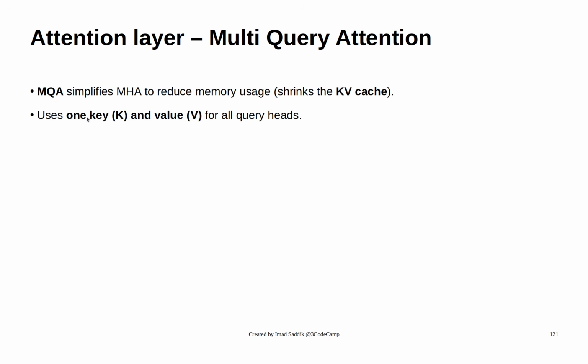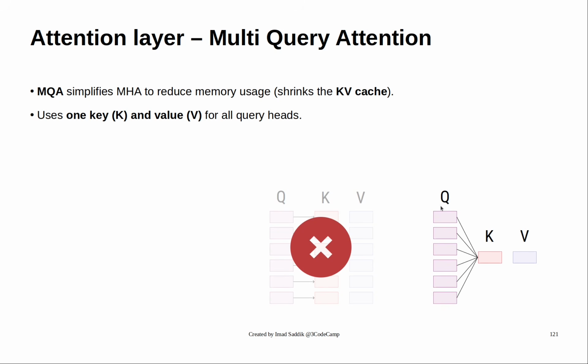MQA uses one key and one value for all query heads. We have seen this diagram when I was explaining multi-head attention. You can see that in each head we have three matrices: key, query, and value. In MQA, all queries share the same key and value matrices.